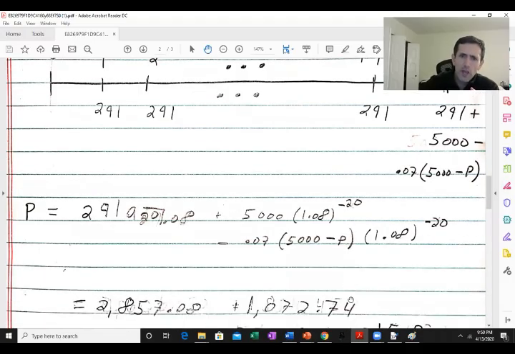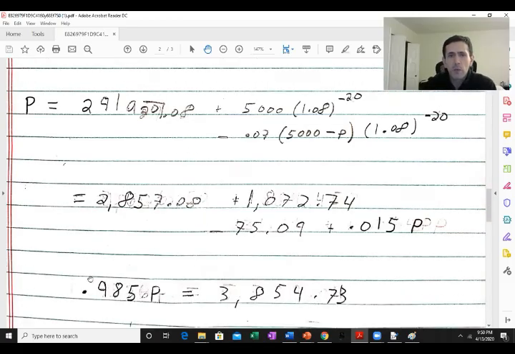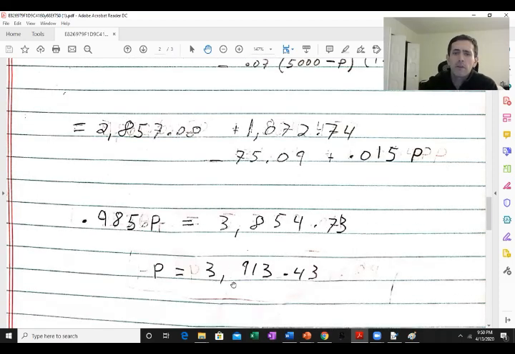You get these three values plus 0.015P. We bring P to the left-hand side and add these three up. We get 0.985P is 3854.73. Divide by 0.985 and we get 3913.43.